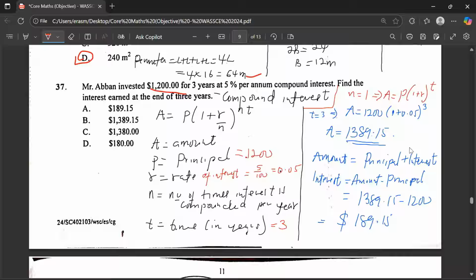Then A equals 1389.15 dollars, right? Now, remember A is the amount at the end of the third year.